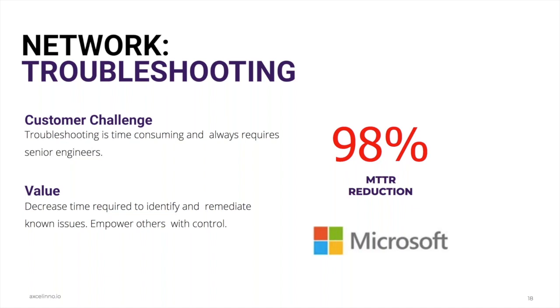Because they could so quickly identify and then remediate known issues, but also it didn't always require senior engineers, right? So maybe some of the folks that weren't quite as experienced could rectify the issue. And the big thing with this too is that they also just had far fewer issues because things were done in an automated fashion.